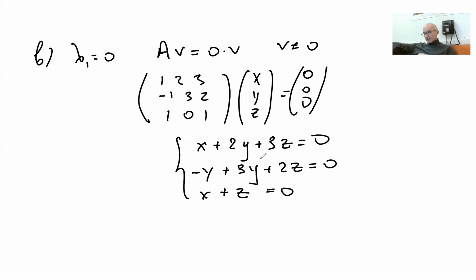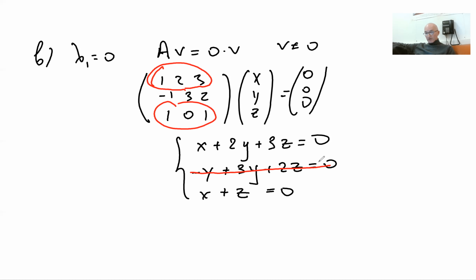Which one? Basically, I know that these equations correspond to the rows of my matrix. So if I take two linearly independent rows, then these rows span the row space. It basically means they give me the same system of equations. So for example, I like this row and this row because it has zeros. So it means I don't need this equation. So I just erase it.